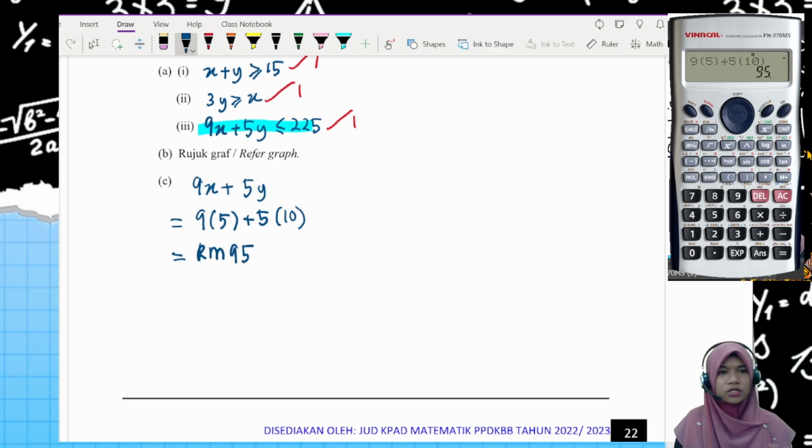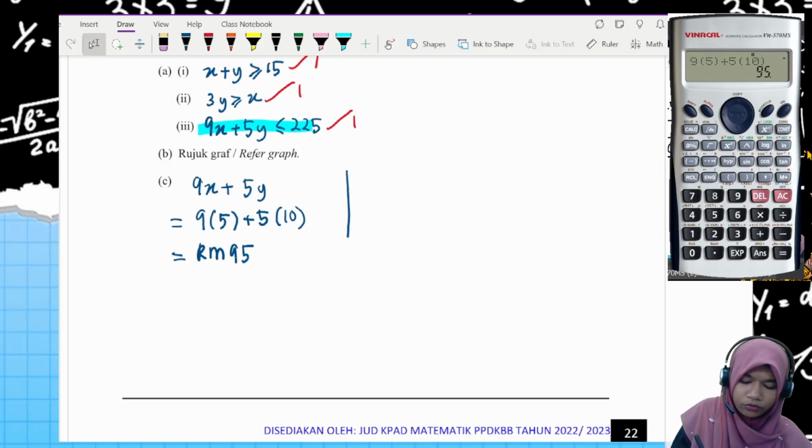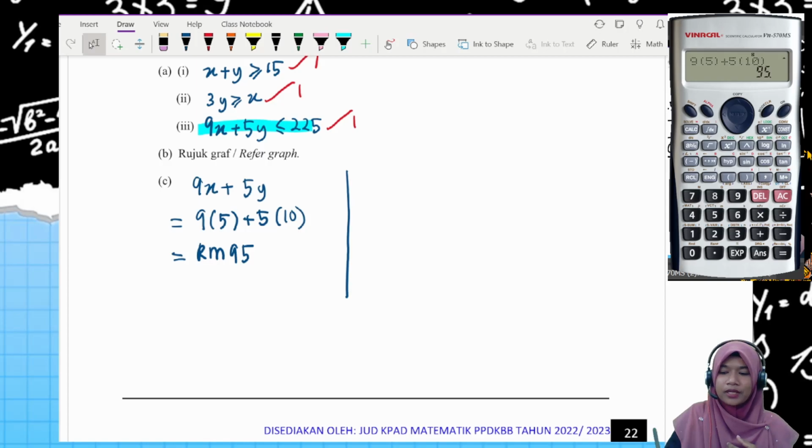Why is this not the final answer? Because this value 95 is the money that he spent. Now you have to find the remaining money after he spent to buy the durian and mango.